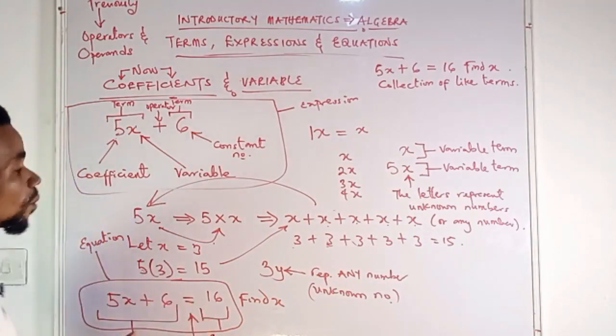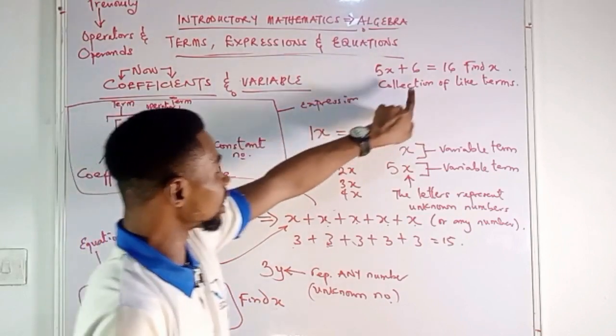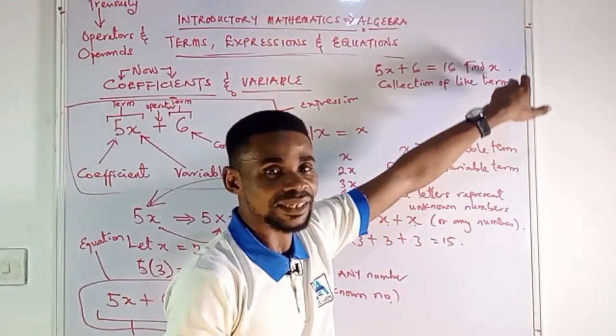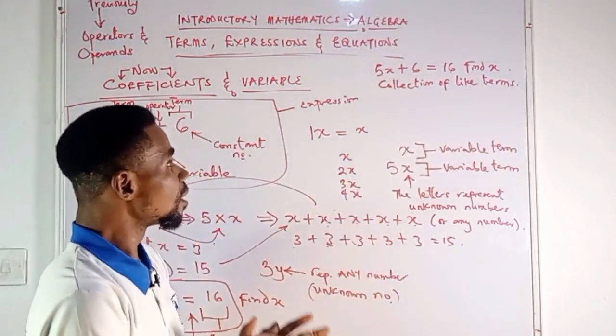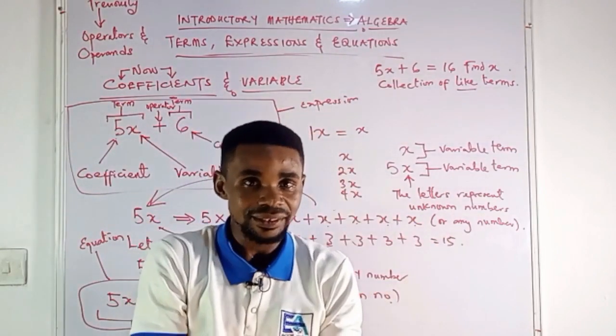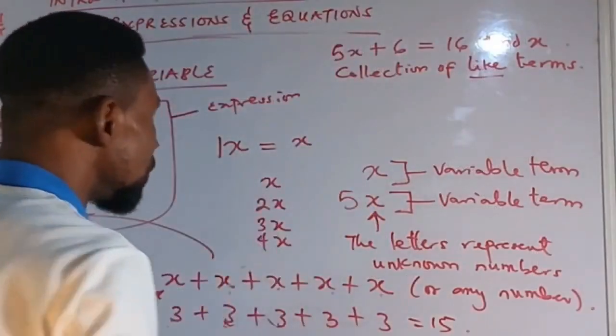So the best method to find x is to collect like terms. That's what we're going to do here. The word like means look alike. This term is a variable term.